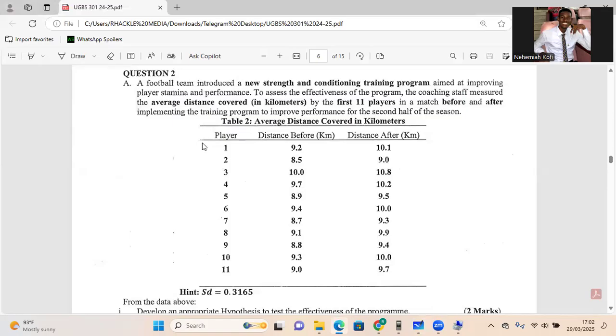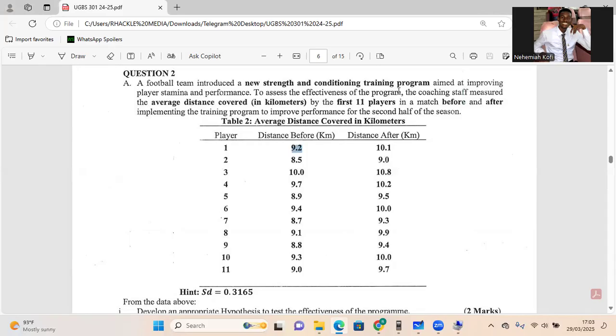For example, some ladies take bodybuilding drugs and want to check whether their body size has increased. You check your weight before taking the drug and after taking the drug. Has there been any increment? That's what paired sample is used for.